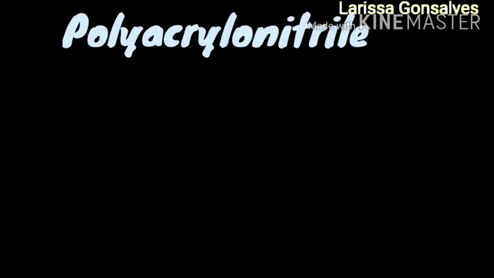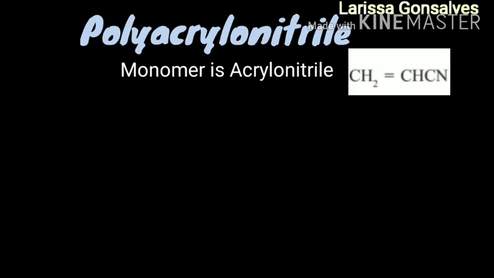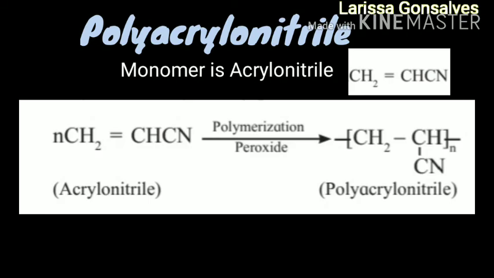Next polymer is polyacrylonitrile. The monomer used is acrylonitrile, which after undergoing the process of polymerization forms polyacrylonitrile. Polyacrylonitrile is prepared by using peroxide as an initiator. The formula of acrylonitrile is CH2 double bond CHCN.